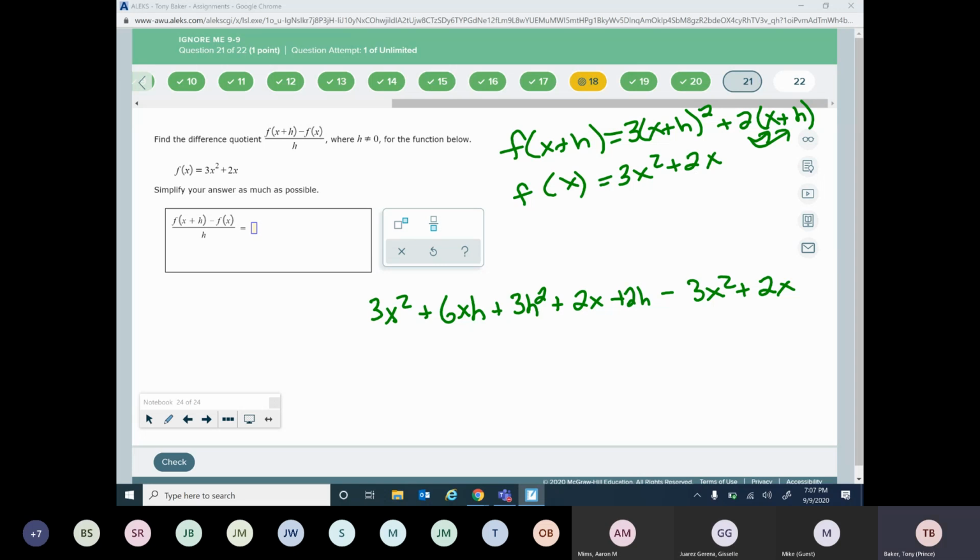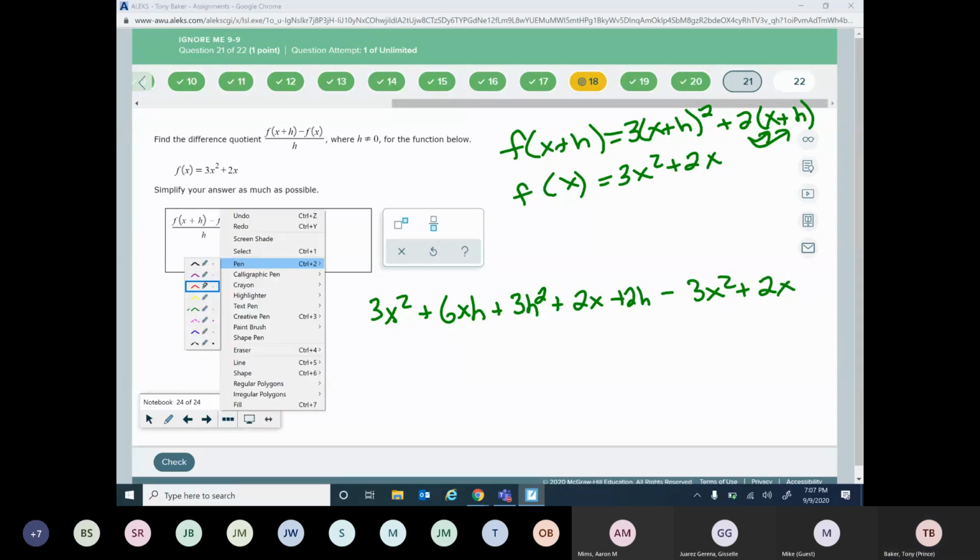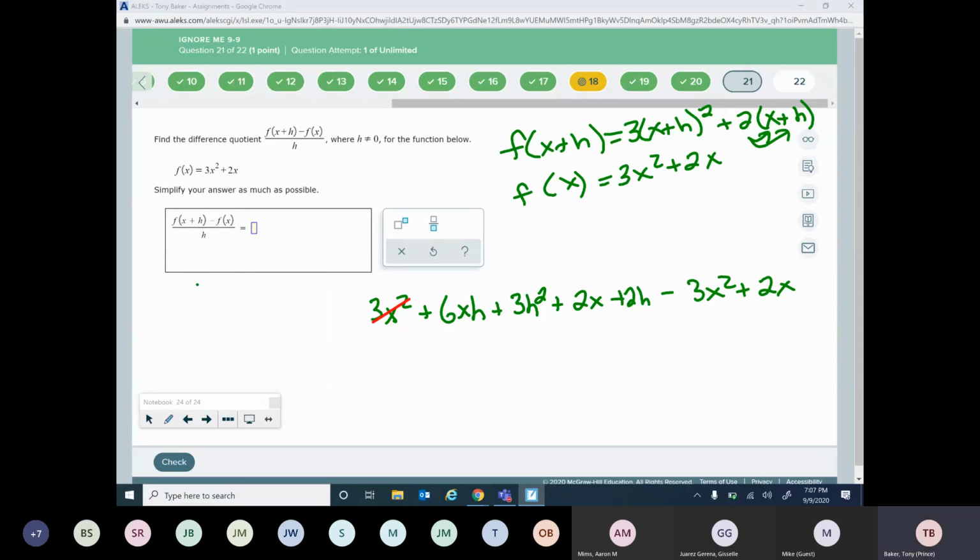So now we're going to simplify it down and then factor out the h. In this case, my 3x squared cancels itself out. Oh, and that's minus 2x over there. And the 2x's also cancel each other out.